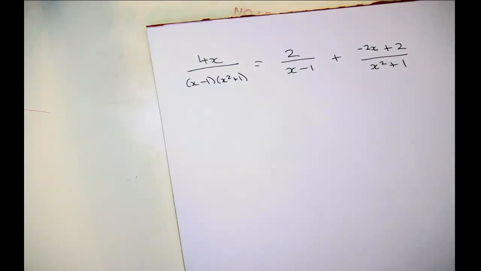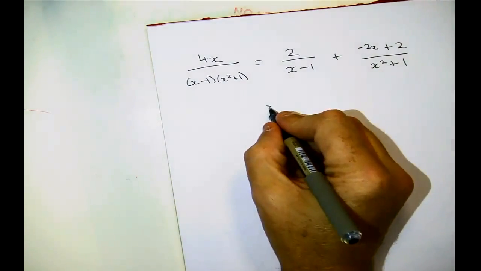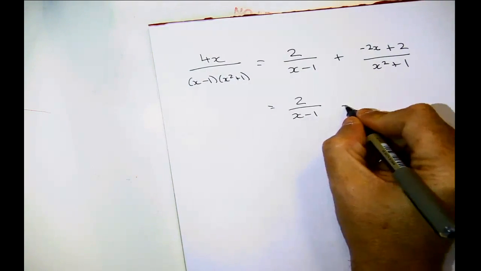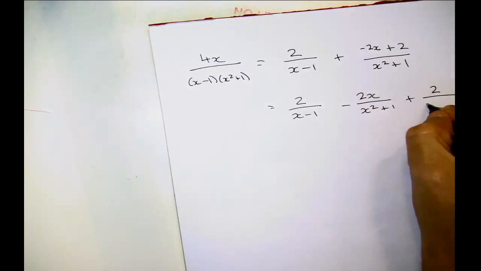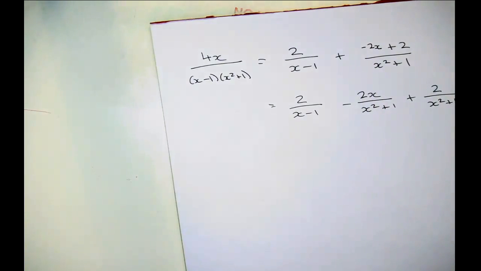What about the second bit? What we do here is split that up like so. Now the integral of the first bit, that's just log, isn't it? So the first bit just integrates to give 2 times log of x minus 1. Look carefully at the second bit. The top is the derivative of the bottom, so log. So the second term is log of x squared plus 1.